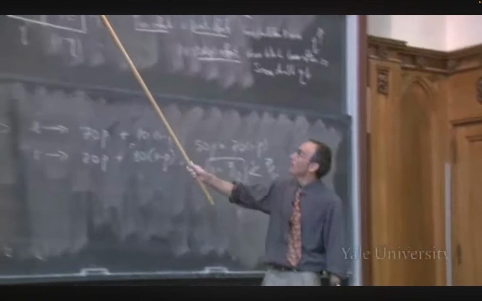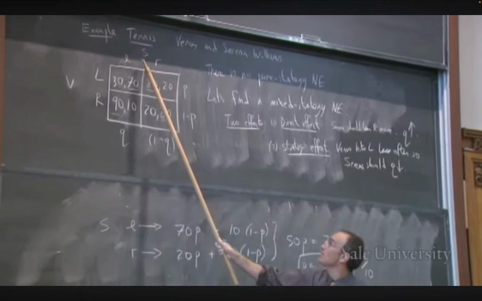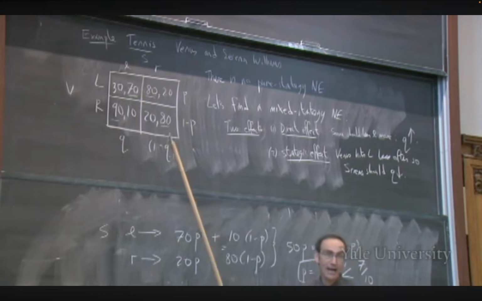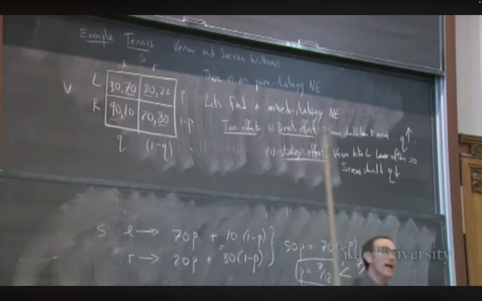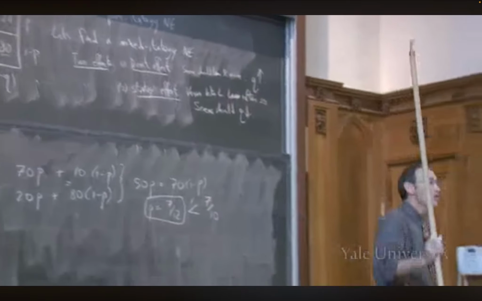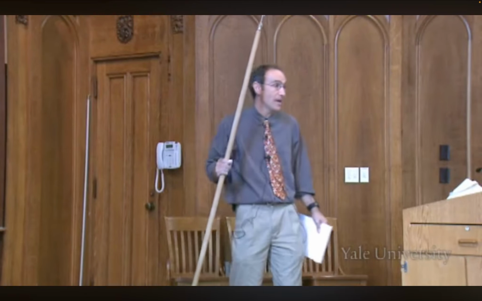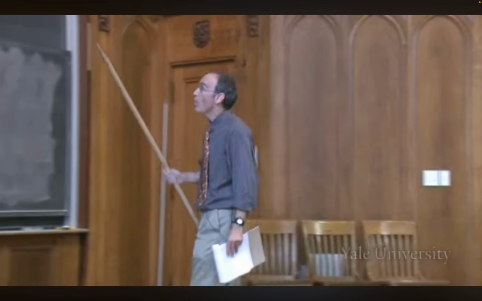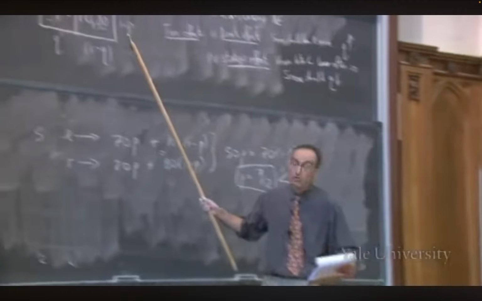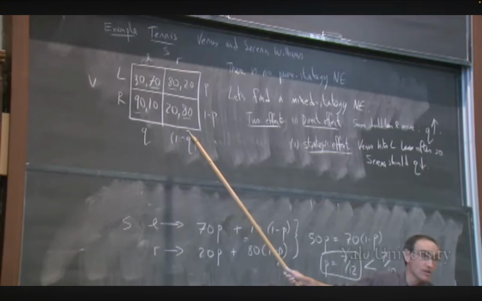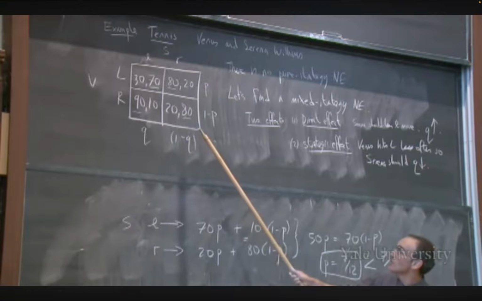Then we improved Serena's ability to hit the volley to her left. It improved her backhand volley. If we'd not changed the way Serena played, then what would Venus have done? So suppose, in fact, Serena's cue had not changed.